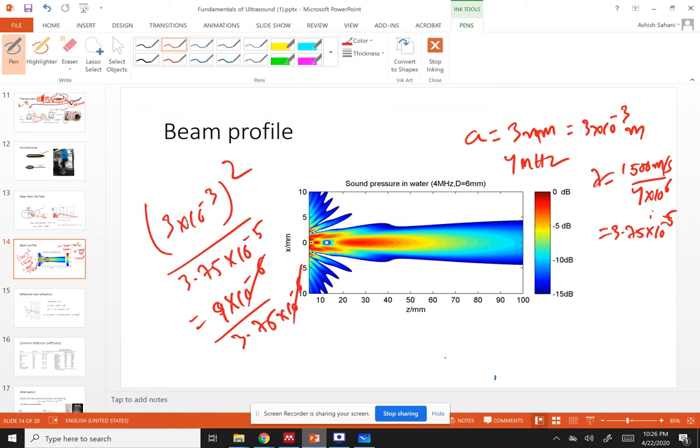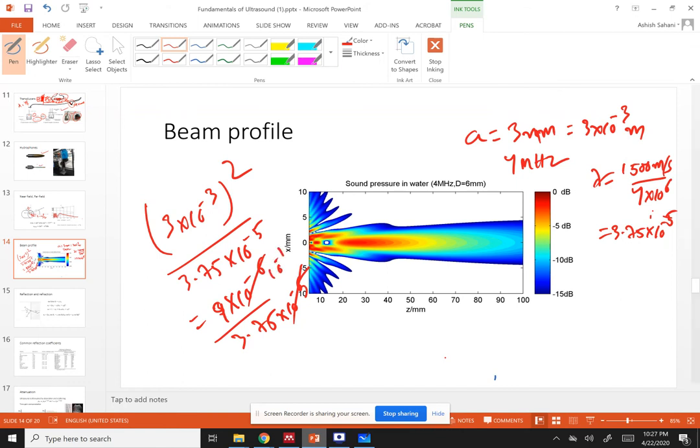So 2.4 millimeters, sorry, it will be 2.4 meters, right? Is it 2.4 meters, that I have to check. So sorry, this is 10 to the power minus 5, so 10 to the power minus 1 will be remaining here.